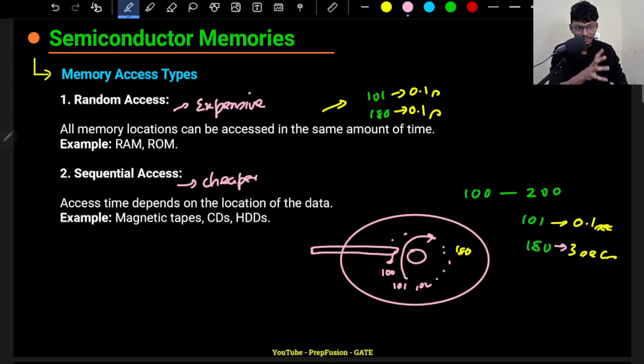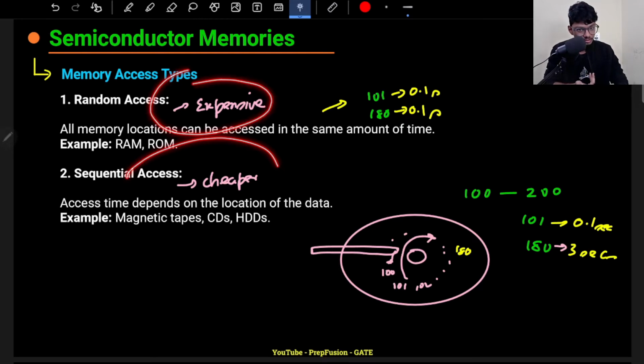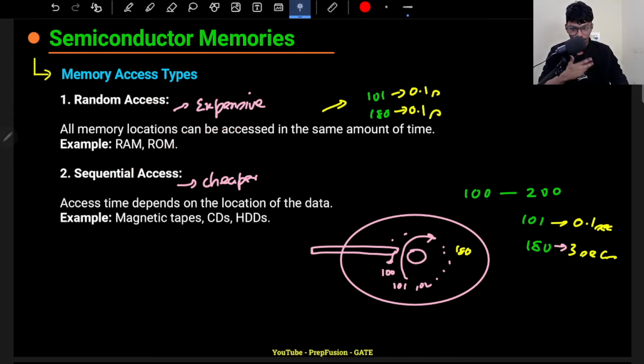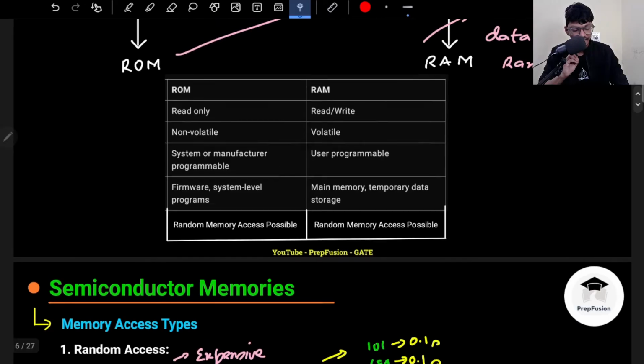Take SSD and HDD: both are storage devices, but SSD is very expensive compared to HDD, the hard disk. Why? Because you have higher speed and can copy and paste very fast, but the problem is that it is very expensive to make. I hope you understood this point about sequential and random access.